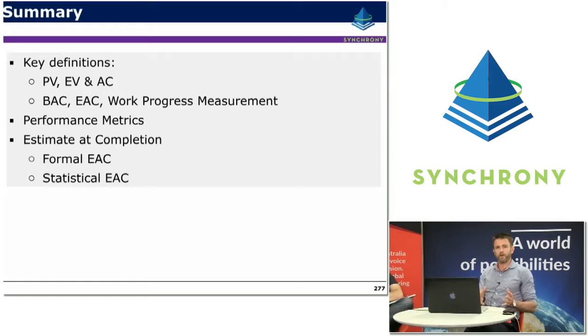We have a number of different performance metrics that we use for understanding how the project's performing and communicating with different stakeholders. And it's important to understand the estimate at completion. It can be done using a formal process or a bottoms-up process for all of the remaining work, as well as using some statistical techniques based on the performance to date, just to do that sense checking and credibility checking of the EAC that we've done using a formal process.